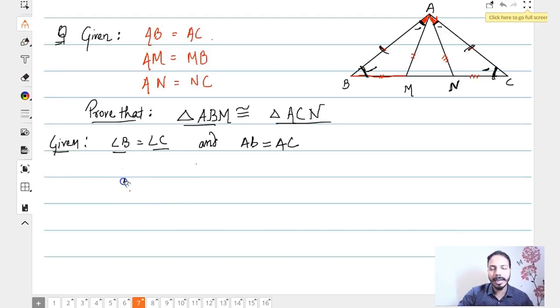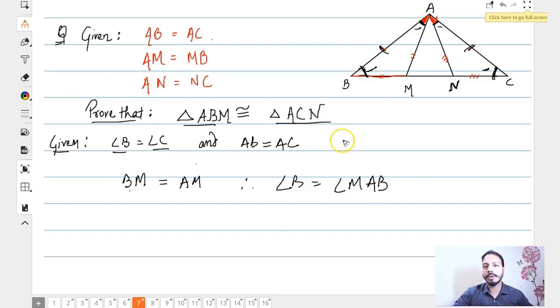Since it's given that BM is equal to AM, therefore angle B is equal to angle MAB, right? That means this angle should be equal to this angle. Similarly, since AN is equal to NC, we can say angle C, that means this one, is equal to angle NAC.